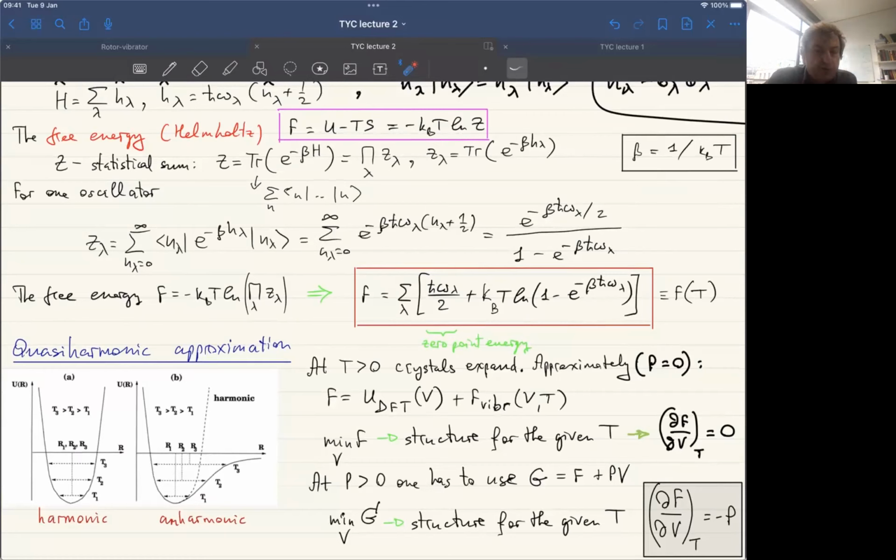Now we will try to use this result for studying thermodynamics of crystals.